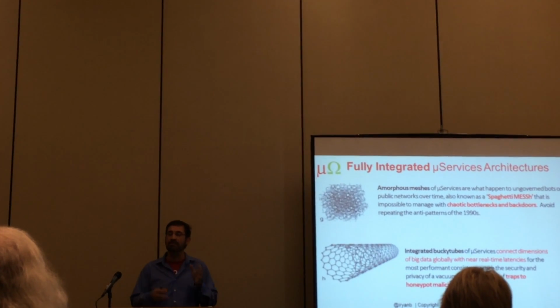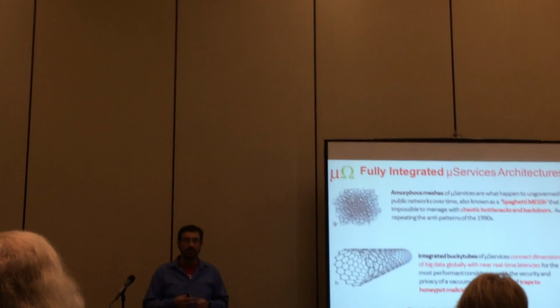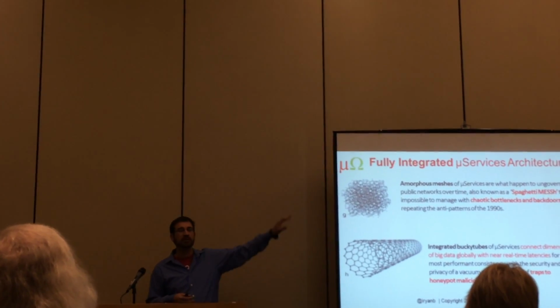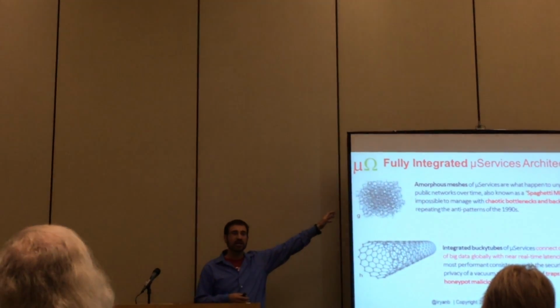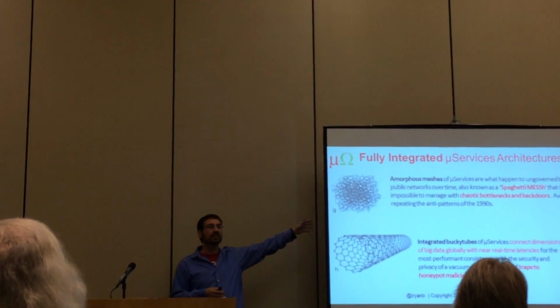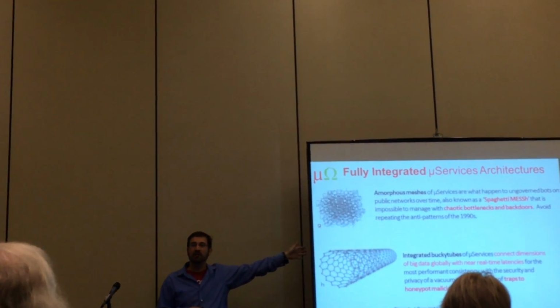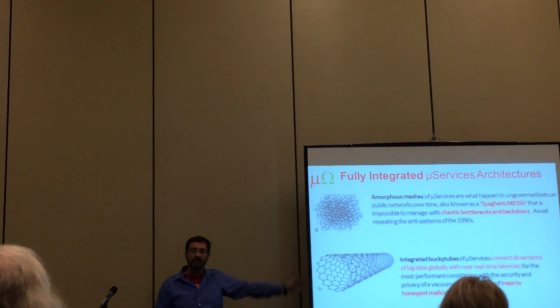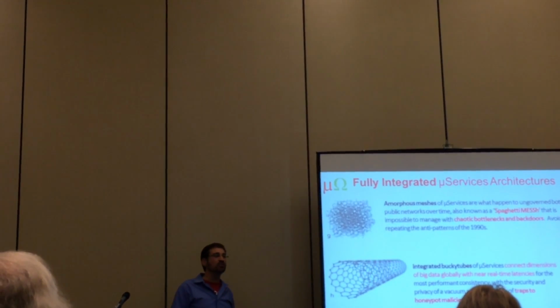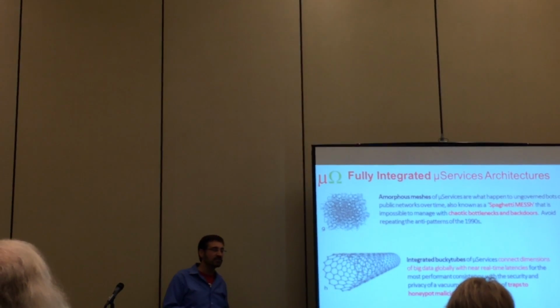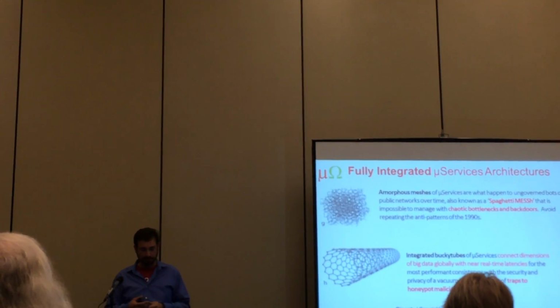Now, you've got two paths to go here, in my opinion. You could end up like the 1990s with a spaghetti mess of integration, which will result in chaos and be impossible to manage. You won't be able to patch it or upgrade it properly because you won't know where anything is, and you'll also introduce backdoors and holes in your architecture. It'll be such a mess.